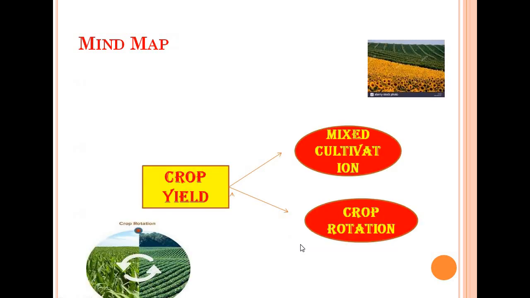techniques. This is the slide where I am showing you the mind map of the techniques, how these two techniques can be used to increase the crop yield. The first one is mixed cultivation. You are seeing it in this picture. This picture is depicting the technique of mixed cultivation.